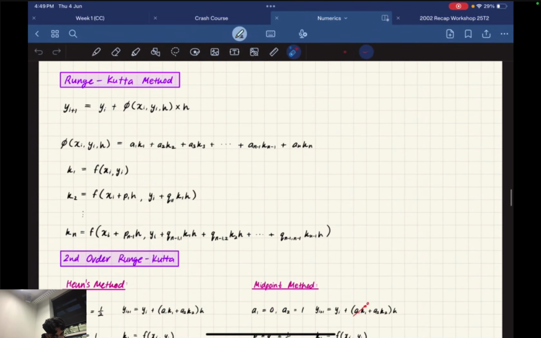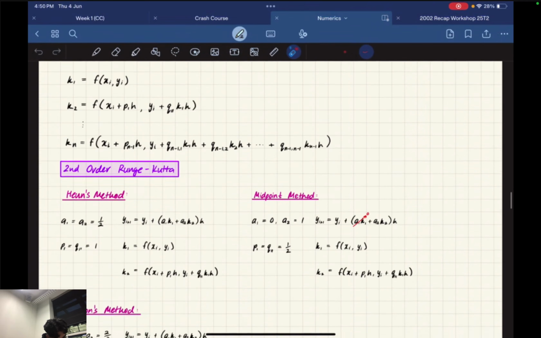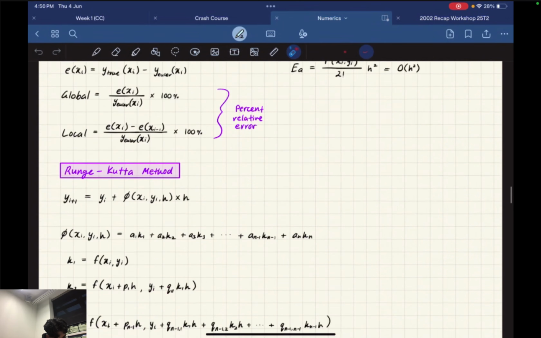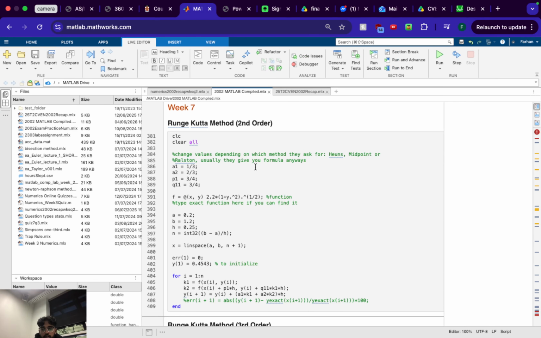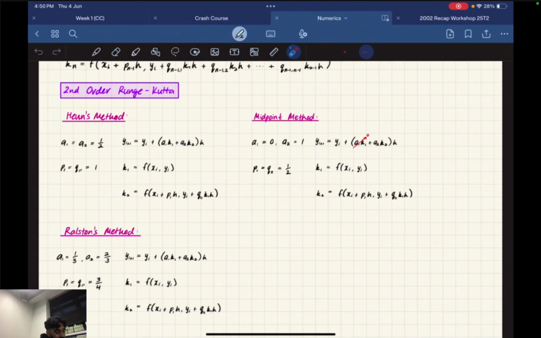Runge-Kutta method, here it is. The second order, third order, fourth order. The next one, code. In second order, we actually have 3 different methods: Heun's method, midpoint method, and Ralston's method.